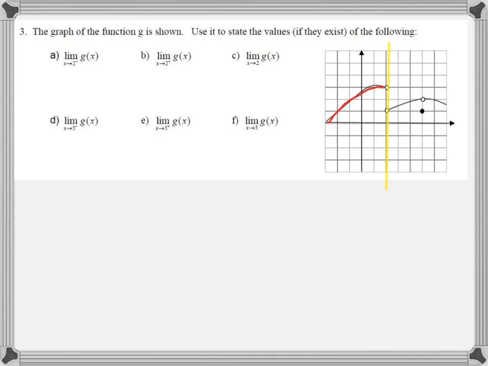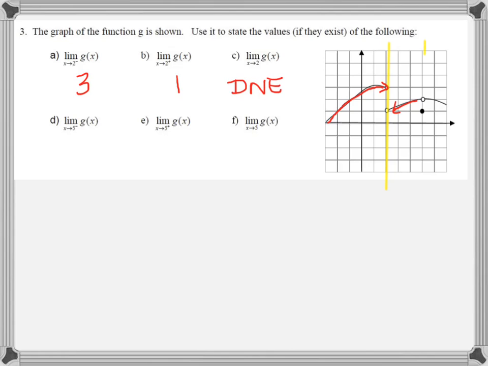And then the 2 from the left is going towards a y value of looks like 3 to me. 2 from the right is going towards a y value of 1 for me. The limit as x goes to 2 as a whole, if the 3 and the 1 aren't the same number, then the limit as x goes to 2 does not exist.